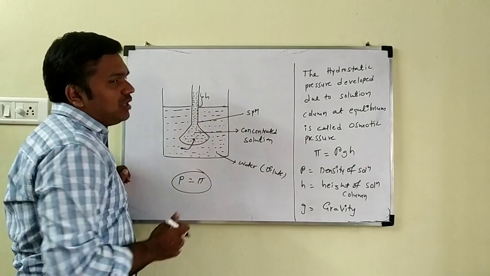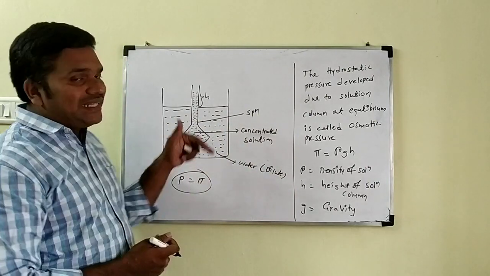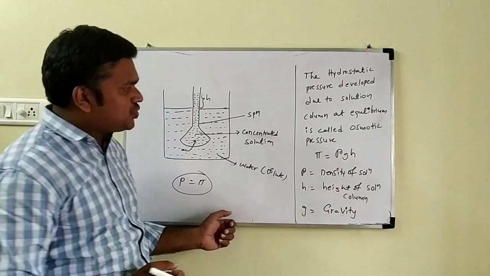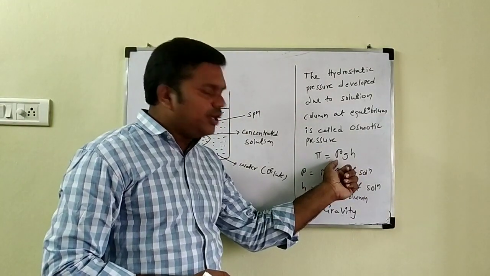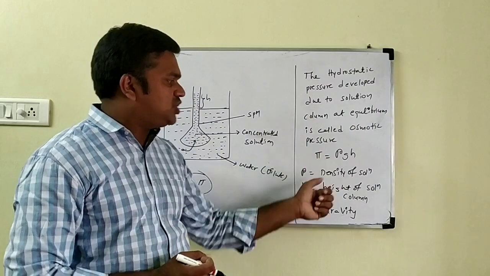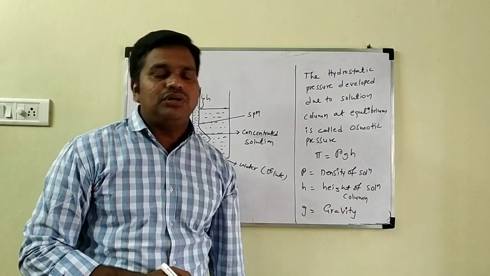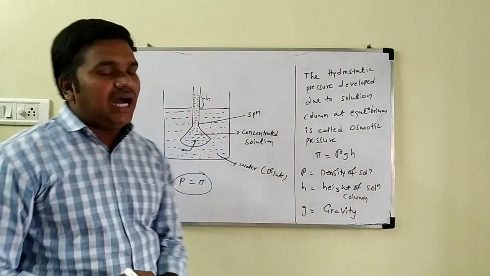Now what are we observing here? Whenever the solution exerts some pressure, it exerts some force also. That force we write as rho into Z into H. Rho means the density of the solution, Z means acceleration due to gravity, and H is the height of the solution column.